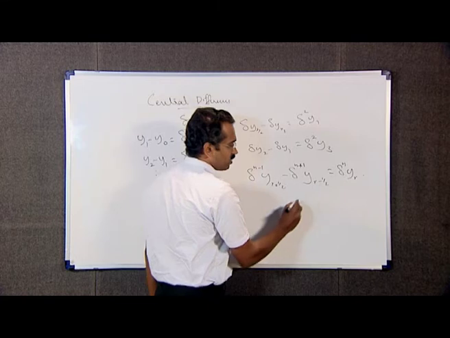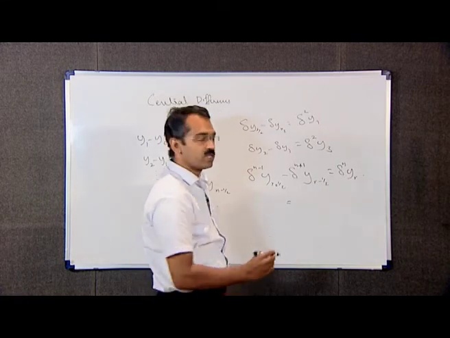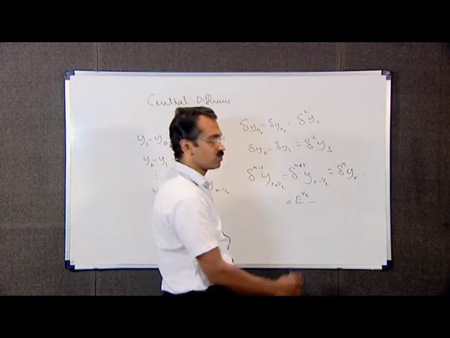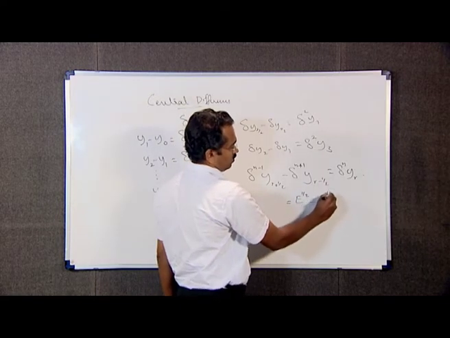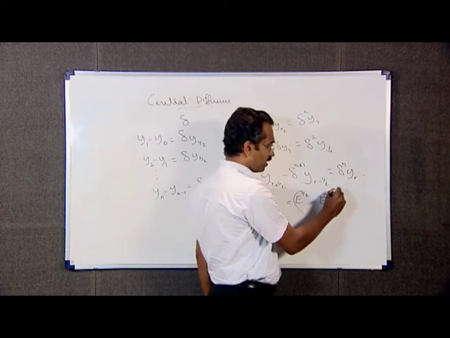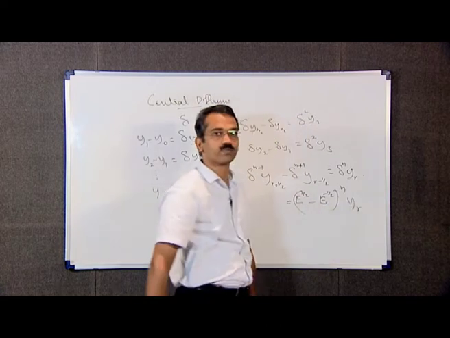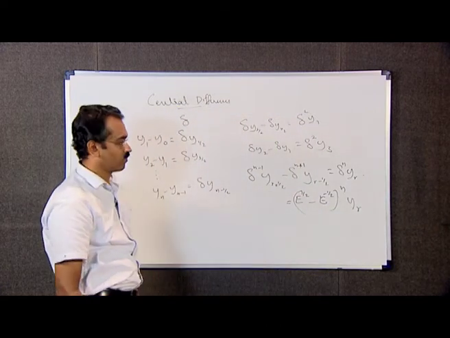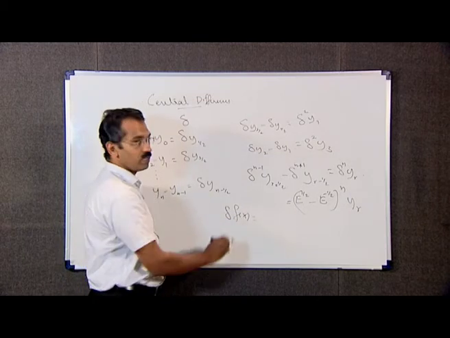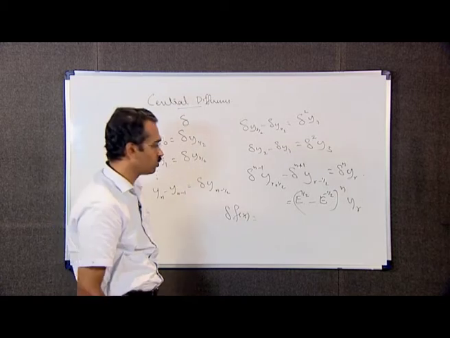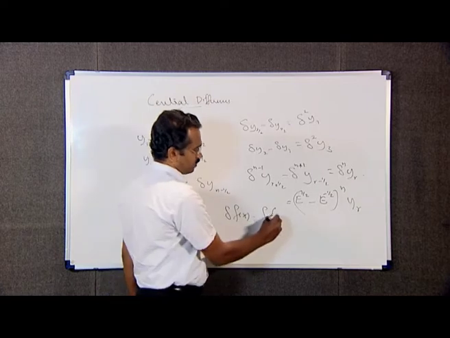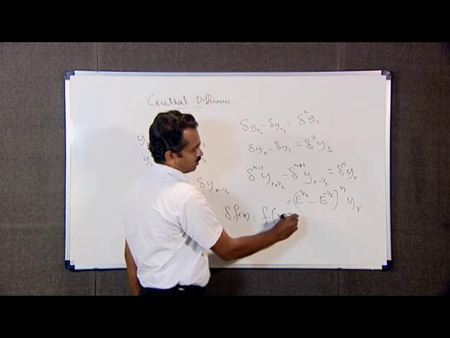This can be written as E raised to 1 by 2 minus E raised to minus 1 by 2, whole raised to n, y r. We can use this alternative notation: delta f of x is equal to f of x plus 1 by 2 h.